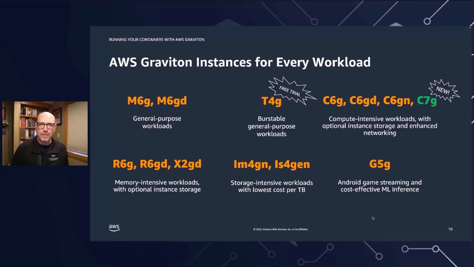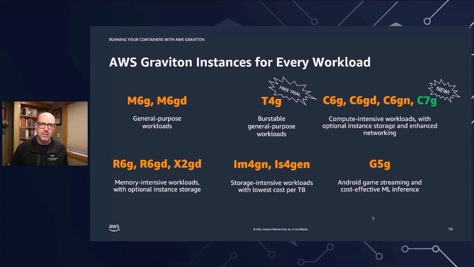We also have storage optimized instances, including IM4GN and IS4GEN. These instance families have up to terabytes of NVMe powered instance storage using our latest Nitro NVMe storage hardware.